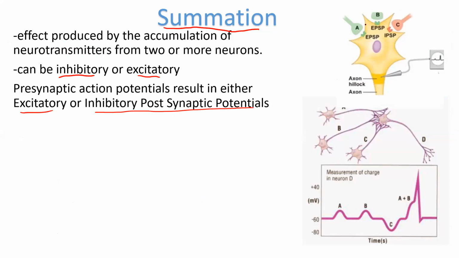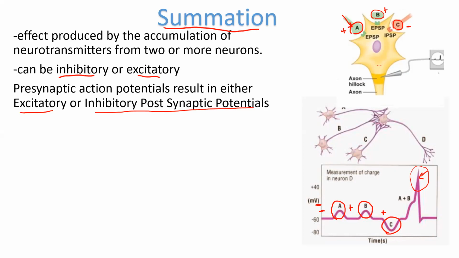Now let's take a look at this. A is excitatory. That's a neuron coming into a second neuron. B neuron is excitatory, but C is inhibitory. So when all three of these fire, A is excitatory, B is excitatory, but they're not enough to cause the neuron to fire, all or none. C causes hyperpolarization, but when we add them together, a threshold is reached and the neuron fires.